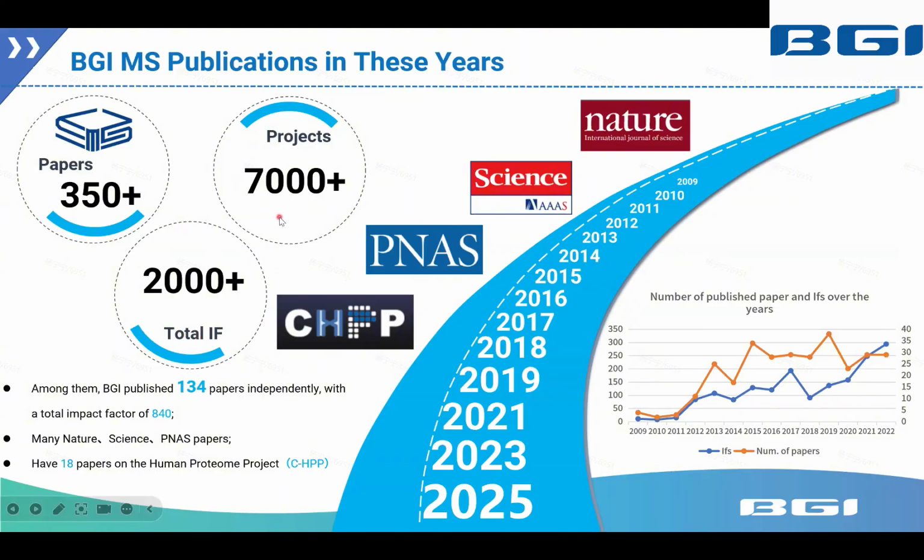And we have provided services for more than 7,000 projects. In addition, we have participated in the Human Protein Project and have already published 18 related articles. So the total number of published papers has been gradually increasing.